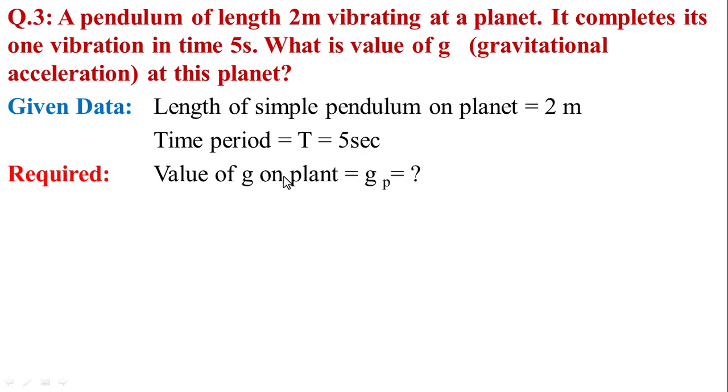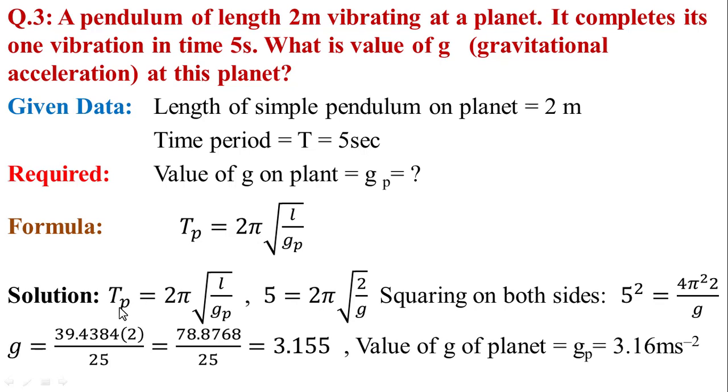Now required is the value of G on planet. So we write the formula: time period at planet is equal to 2 pi square root of L over Gp. Gp means gravitational acceleration on planet P.